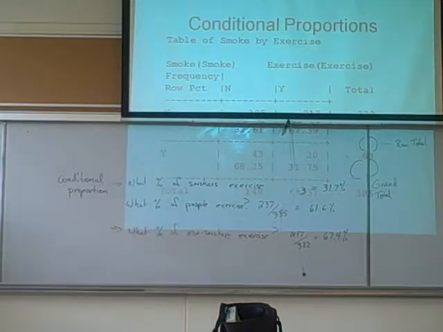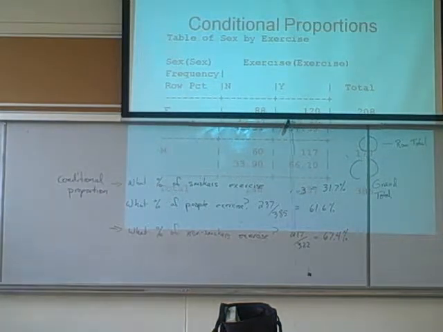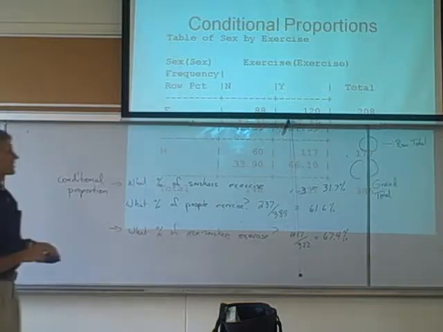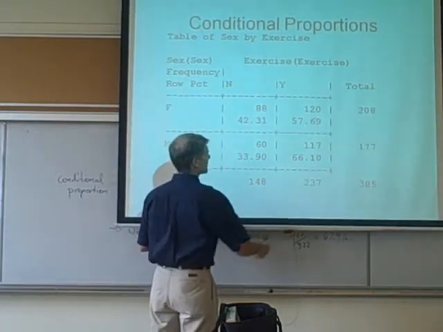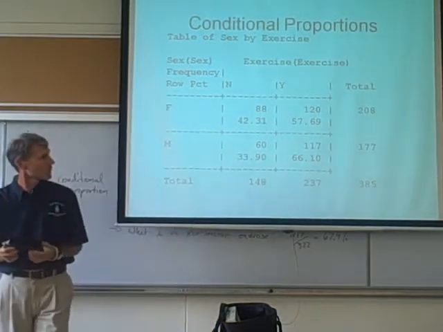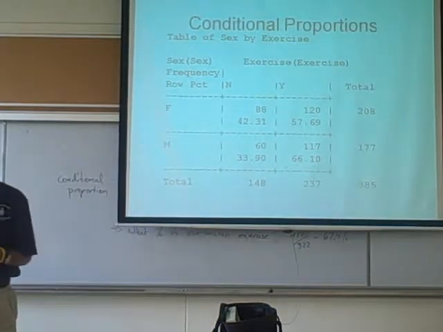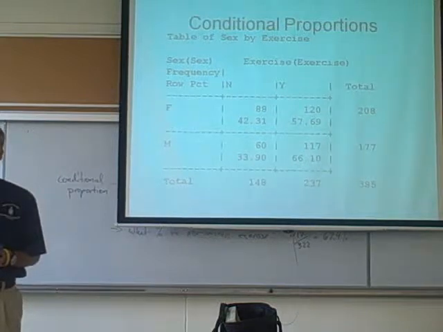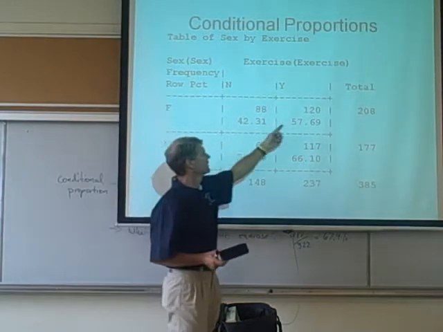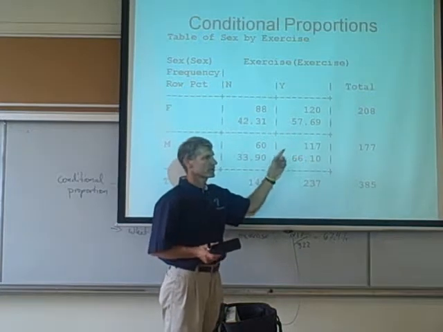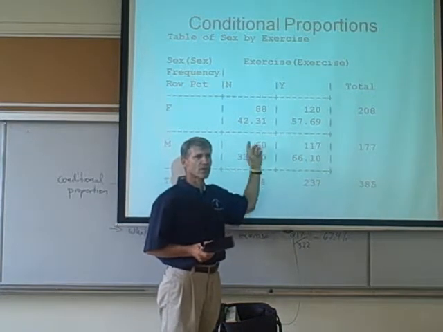So let's get some more practice. There's sex by exercise. Let me just go ahead and do that. First of all, these numbers that are in here, are they row proportions or column proportions?